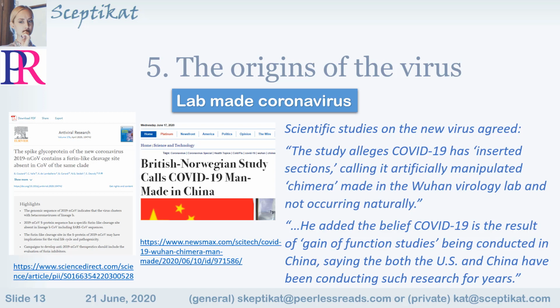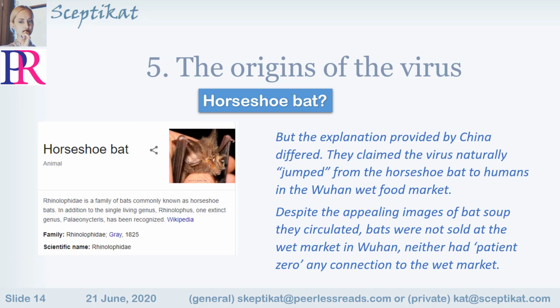Scientific studies on the new virus agreed. The study alleges Covid-19 has inserted sections, calling it an artificially manipulated chimera made in the Wuhan virology lab and not occurring naturally. He added the belief Covid-19 is the result of gain-of-function studies being conducted in China, saying that both the US and China have been conducting such research for years.